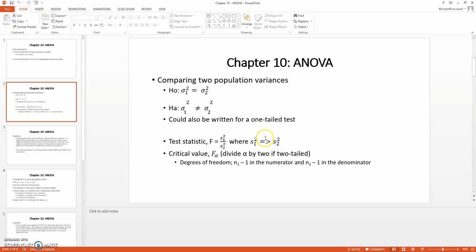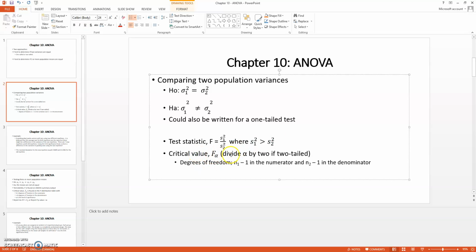Just as a note, the variance denoted as population 1 is the one that's greater. So we always have the larger variance as the numerator and the smaller variance as the denominator. So that's how we use our test statistic.